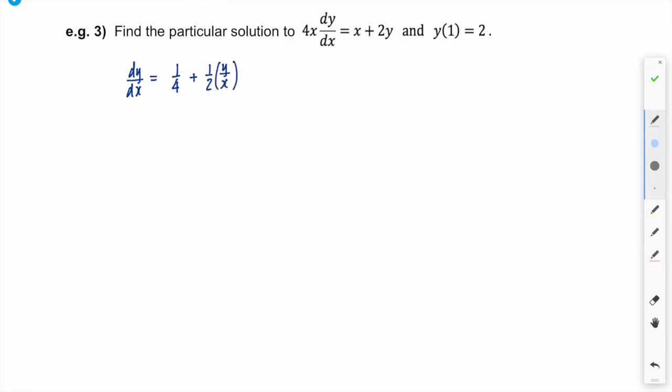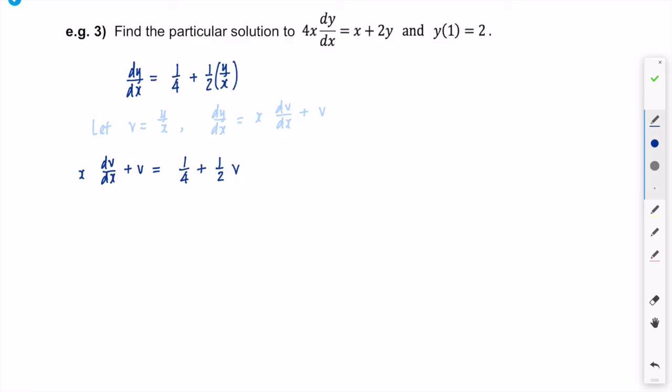And if I let v be y over x, dy by dx would then equal x times v's derivative, so x dv by dx plus v dx by dx. Okay, so here we have x dv by dx plus v equal to 1 over 4 plus 1 over 2 v.